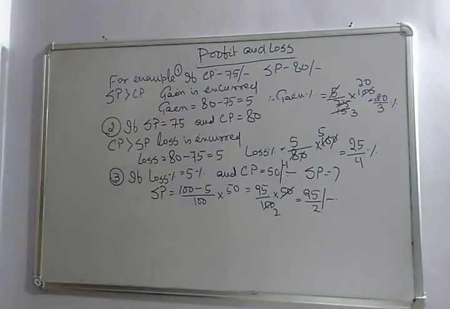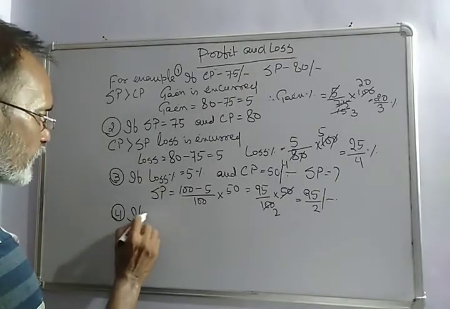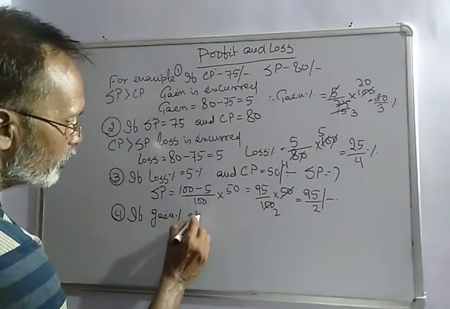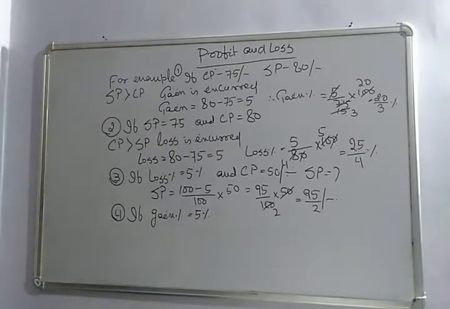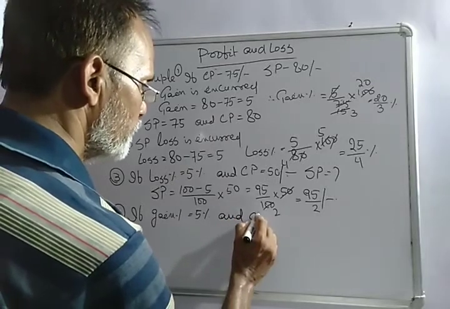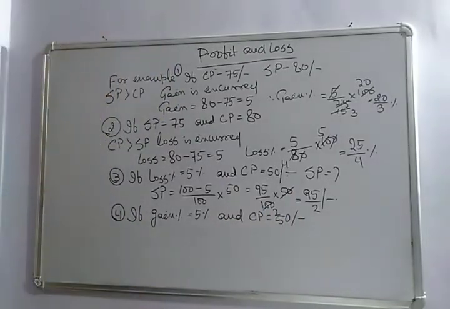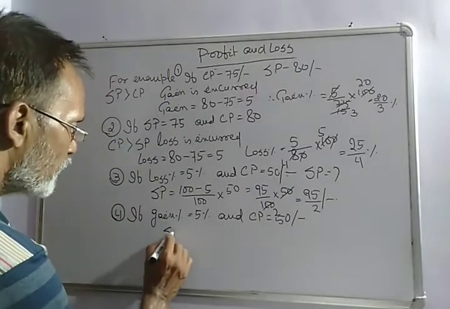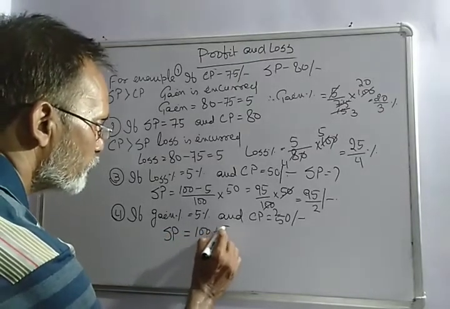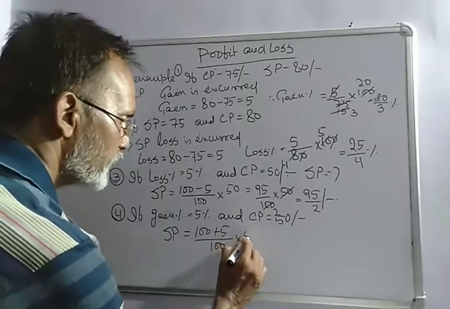Similarly, number 4, if gain percent is equal to 5% and CP is equal to 50 rupees. Therefore, SP according to the formula is 100 plus 5 by 100 into 50.